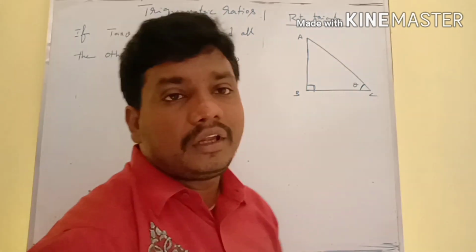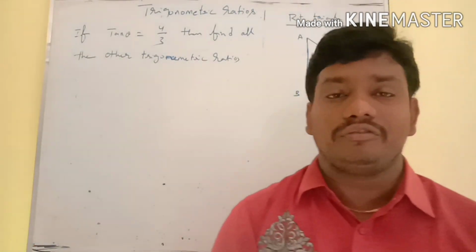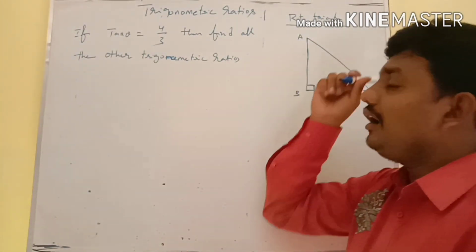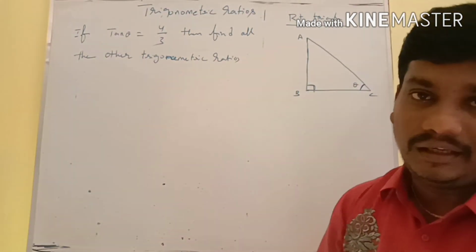By the beauty of the right angle triangle, whenever we know two sides, we can find the other side using the Pythagoras theorem.